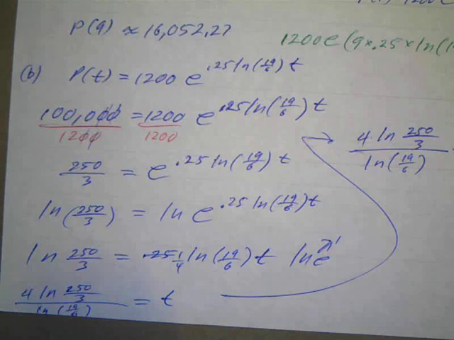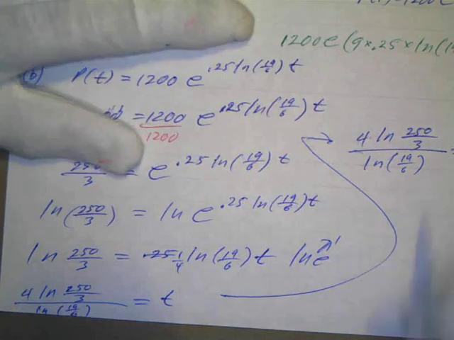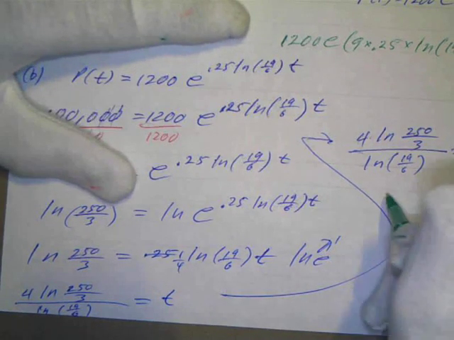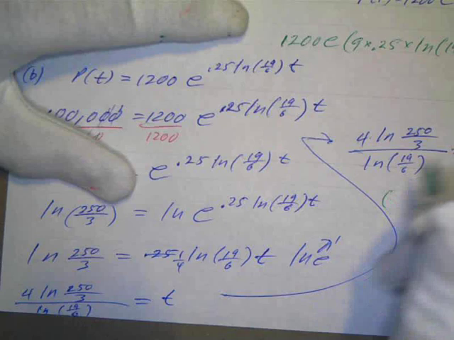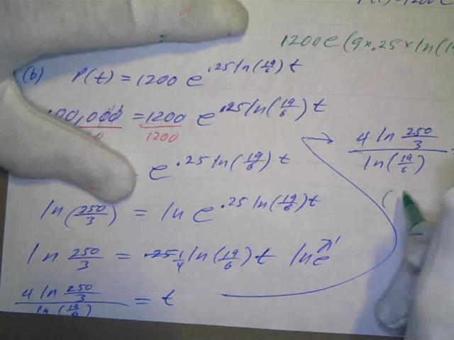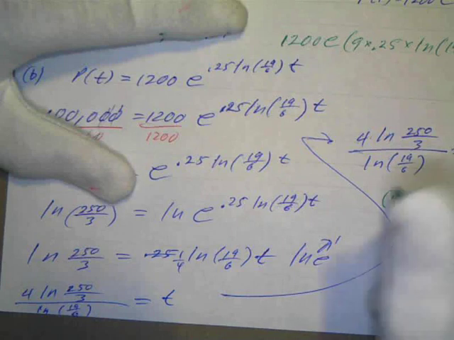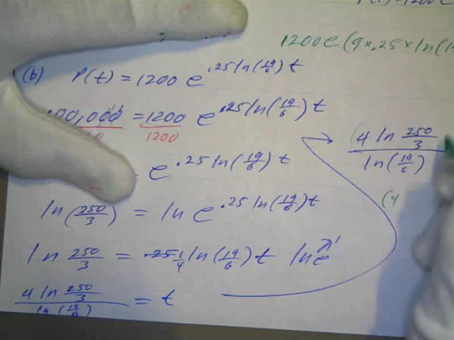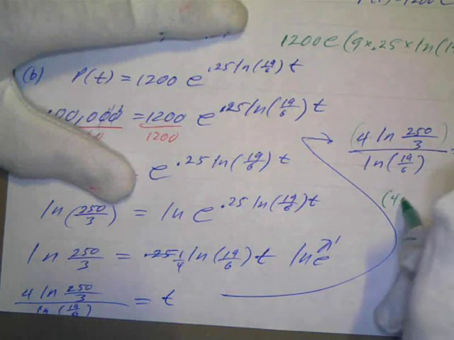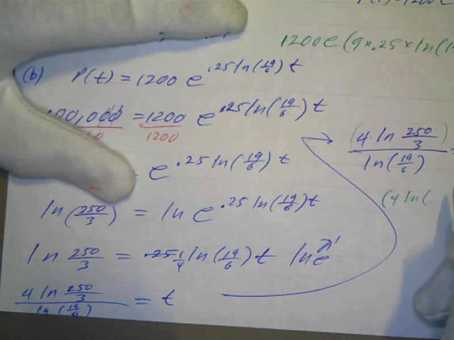Okay? Now I put that on my calculator carefully. So I go in the calculator like this. It's going to be the top of the fraction, so I need to put parentheses around here. 4 ln, and then I got 250 divided by 3.